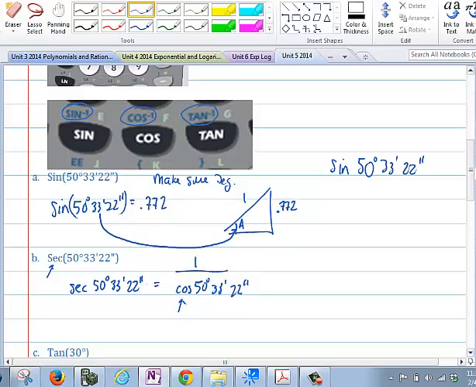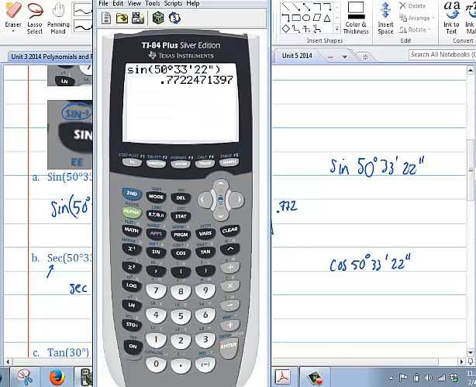If you find the cosine of that angle, you then do 1 divided by that value. So for the cosine of 50 degrees, 33 minutes, 22 seconds, I'll go up and edit the sine ratio: just hit enter to go back, and instead of sine I'll press cosine. The reason I'm using cosine is because it is the reciprocal function to secant.